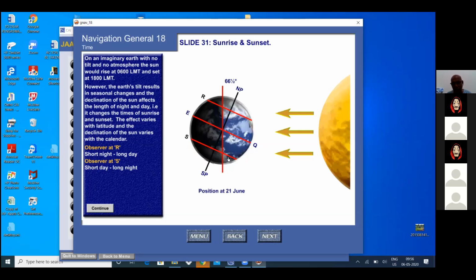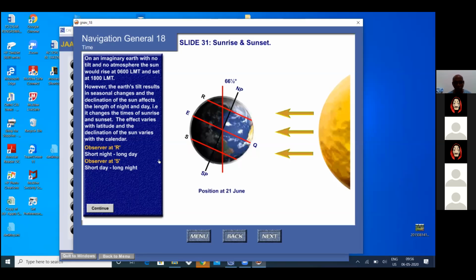This is their winter, winter in the southern hemisphere. That means the sun rises much after 6 o'clock in the morning and it sets well before 1800 hours in the evening. And that is why he has such a short day, daylight, a long night. Okay, clear anyone? Any doubts?